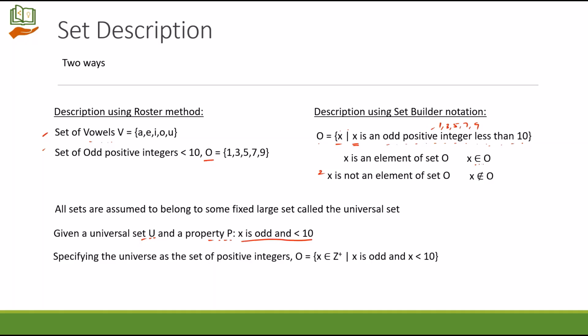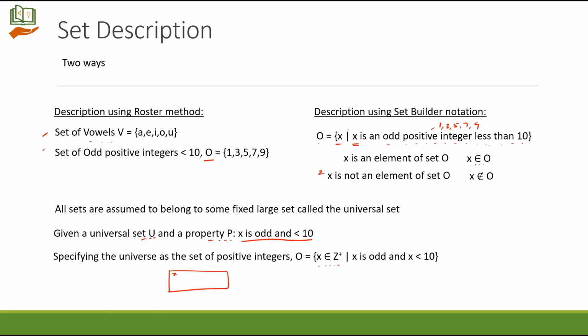So if you take a rectangle like this and you say all the integers are inside this particular universe, we can represent this as set O is equal to {x belongs to the set of positive integers}, because it is mentioned as Z plus.